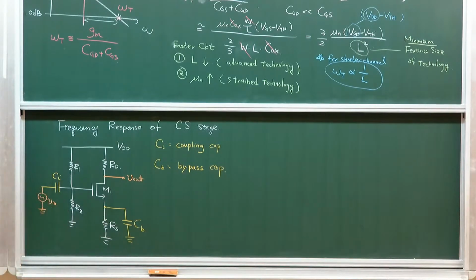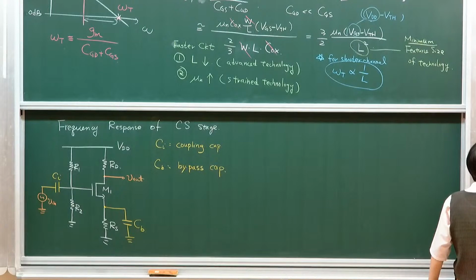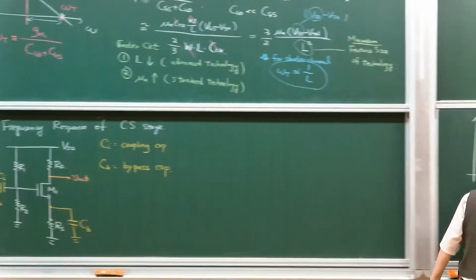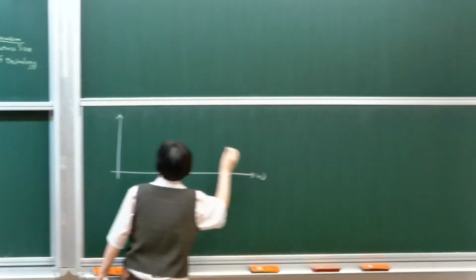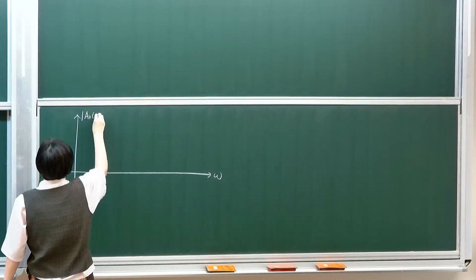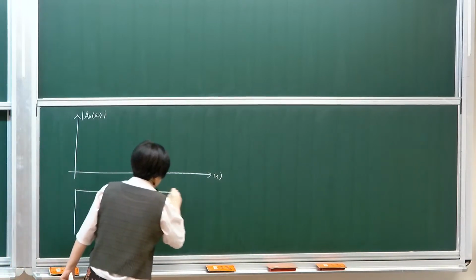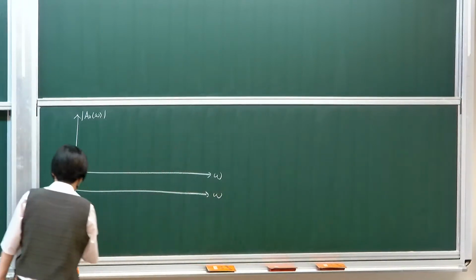So first we're going to do the low frequency. We're going to separate our frequency response characteristic like this. We're going to do the Bode plot of this complete circuit, with the gain as a function of frequency, and there will also be a phase. We're going to do the plot right here.